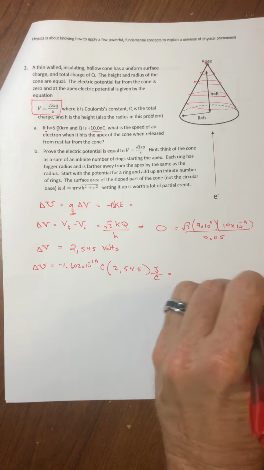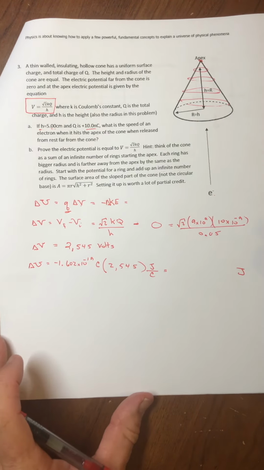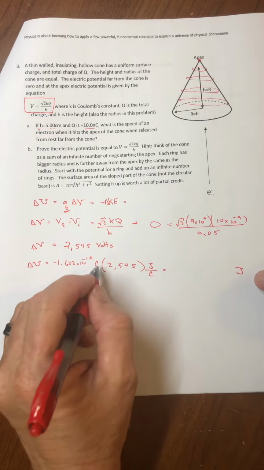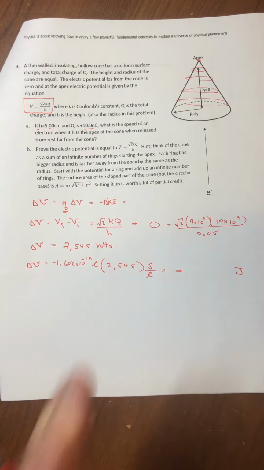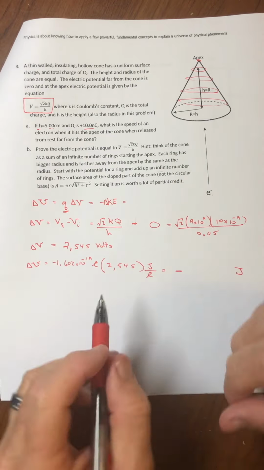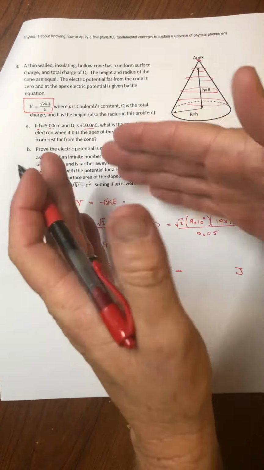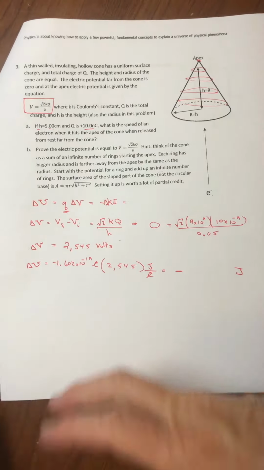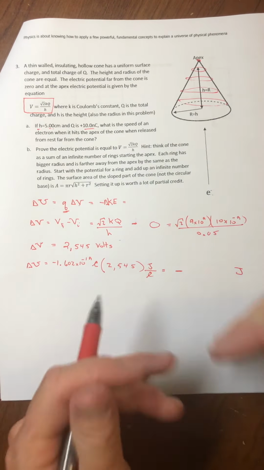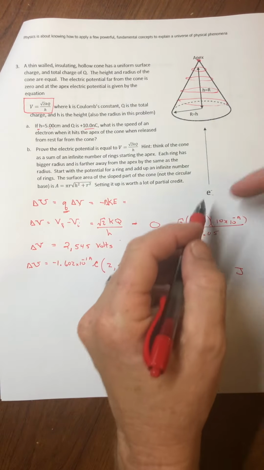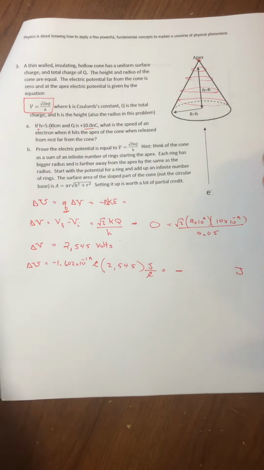And so we're going to see the change in the potential energy, and you're going to see it's a negative. That's good. That's a decrease in potential energy, which it should be. Like a ball rolling down a hill will lose gravitational potential energy and gain kinetic energy. And that's what's going to happen here. It's going to come closer, closer, closer, and go faster, faster, faster. Of course, the electron's negative and the cone is positive.